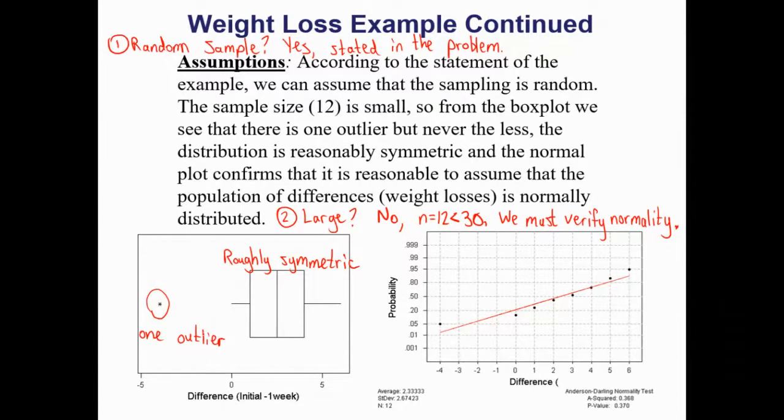So I know I'm writing these where this would come in, you would draw your plot and then say, notice it's roughly symmetric with one outlier. However, we can still assume normality. So it's still safe to assume normality.